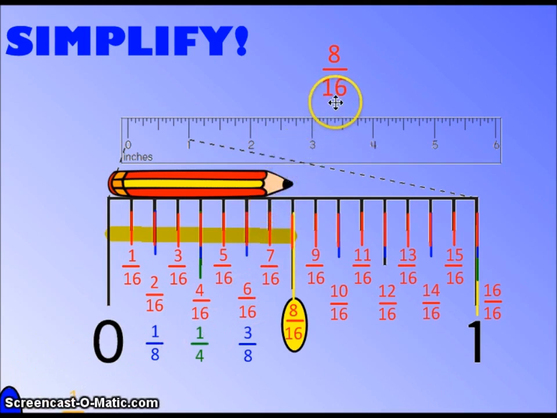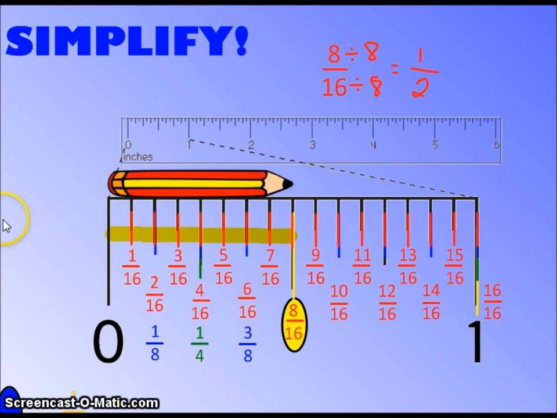What common factor do we have between both of these? Well, it's 8. So we need to divide our numerator by 8, and likewise our denominator. In doing so, 8 divided by 8 is 1, 16 divided by 8 is 2. 8/16 is 1/2.